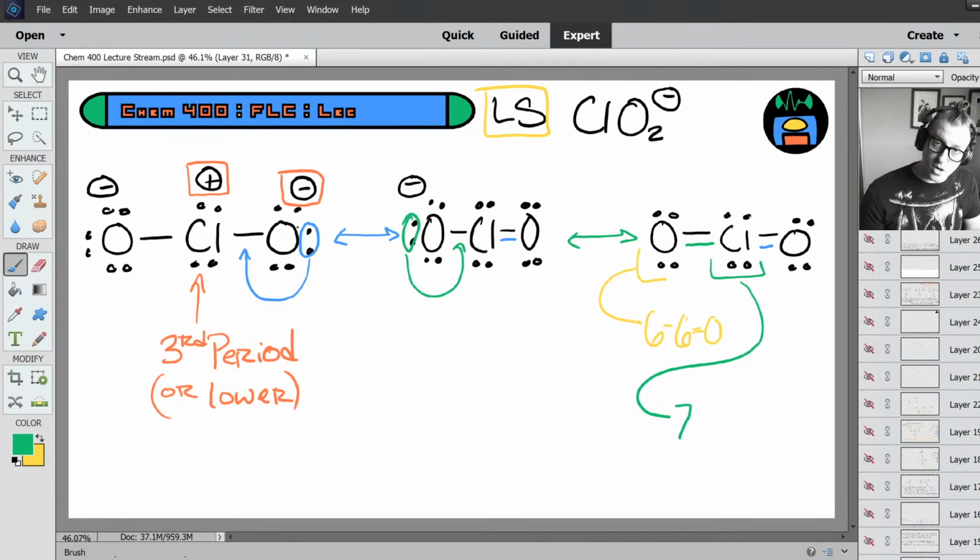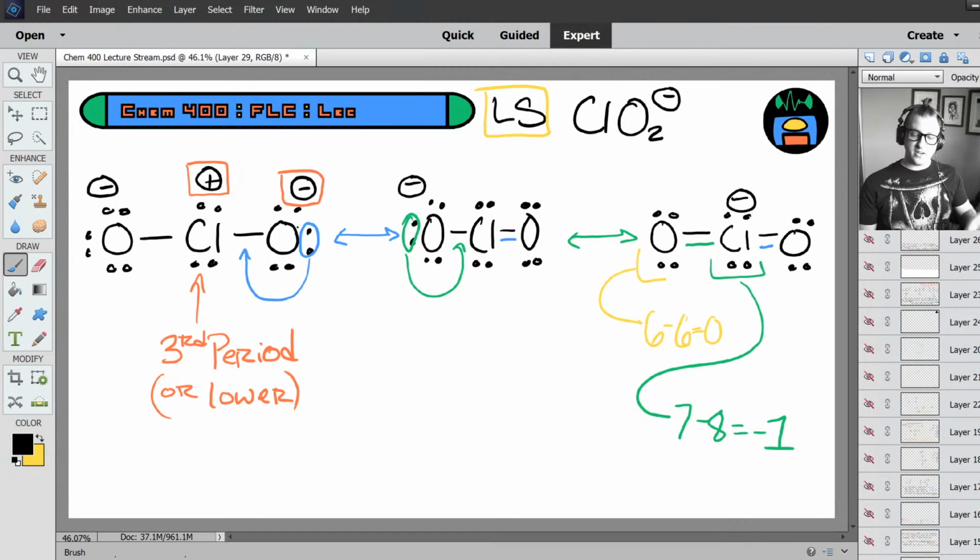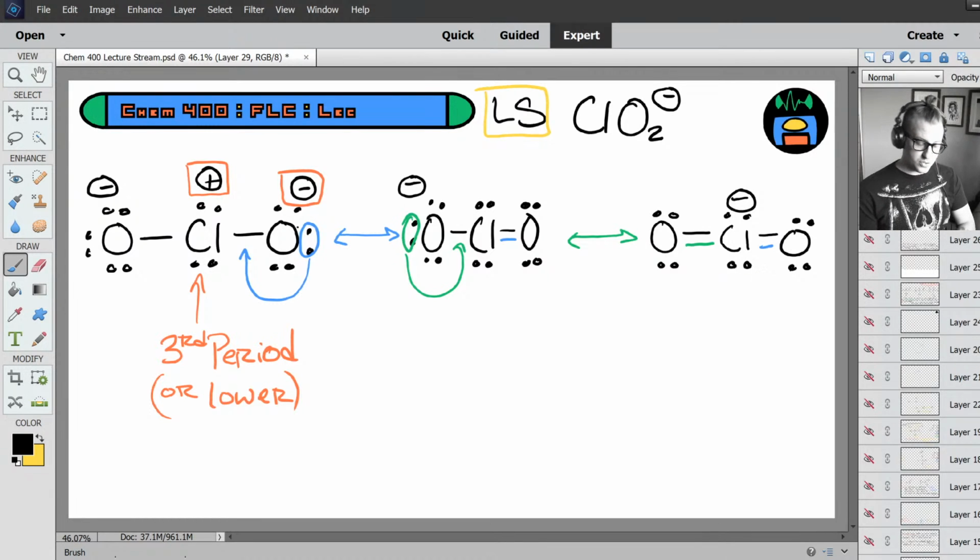In this Lewis structure, it has 1 electron per bond and it has 4 bonds, plus another 4 in lone pairs. 7 minus 8 is -1. So in this Lewis structure, chlorine in the center has a formal charge of -1, and each oxygen out on the side is neutral. So we have 3 Lewis structures each, and we have to select which one is the best resonance structure.